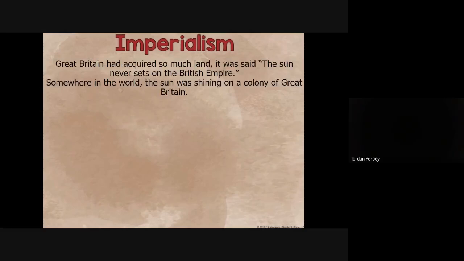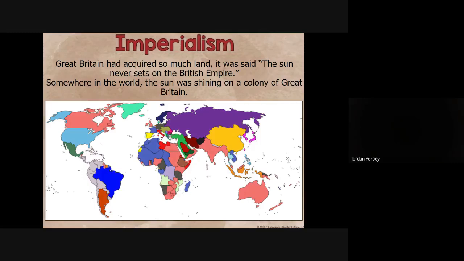Great Britain had so much land, like you've learned, that it was said that the sun never set on it, because somewhere in the world the sun was shining on a colony of Great Britain. And here you can see all the pink is different places the British had control of. And so you can see the conflict involved in this.